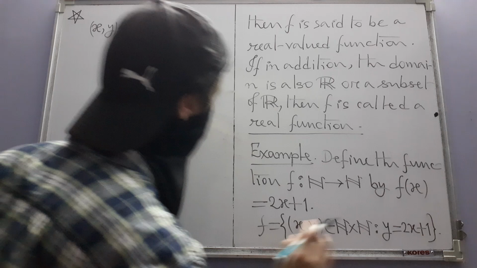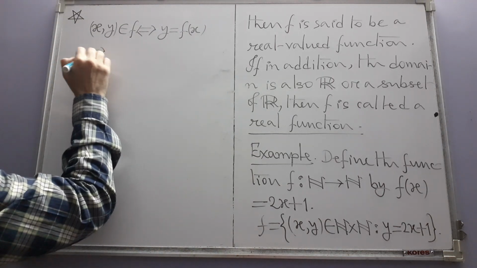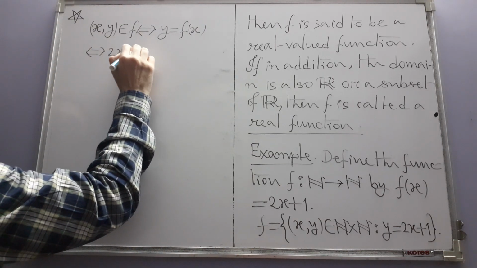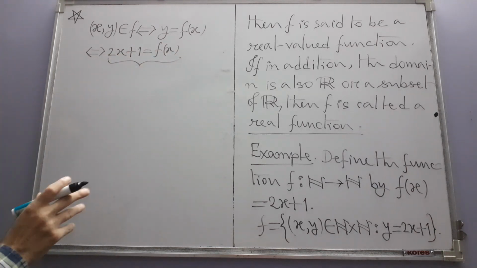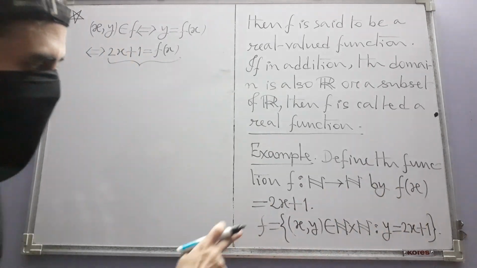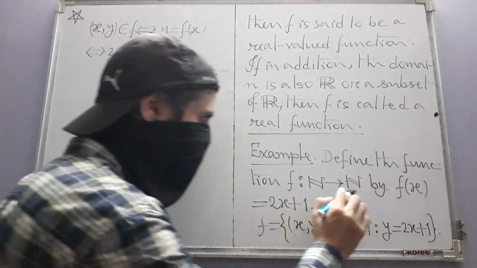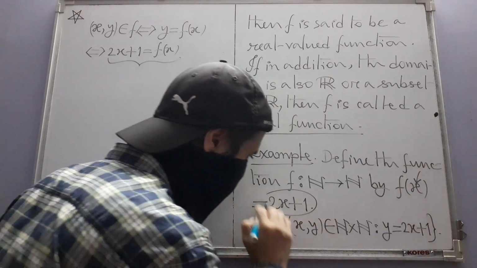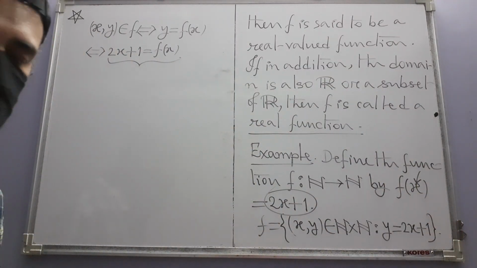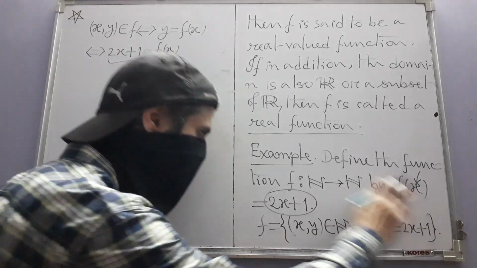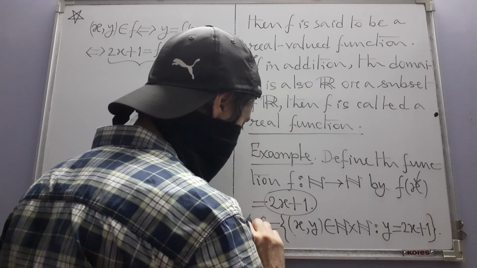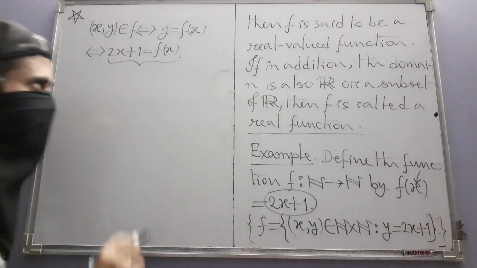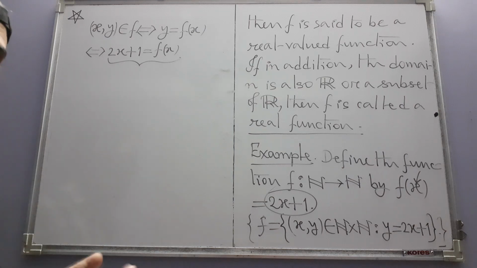Now this y is 2x plus 1, right? And that is why only this has been mentioned. Once you know the relationship between the input and the output, what the output should be for a given input, you automatically know the set. That's why we won't show this set any longer. We will write the relation like this. In fact, this is the relation and this is the function.